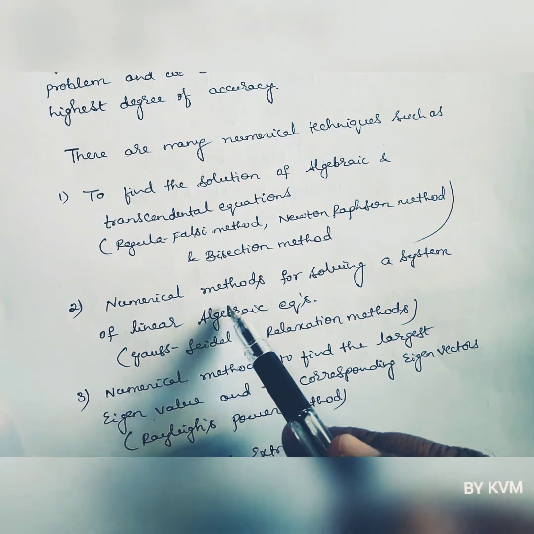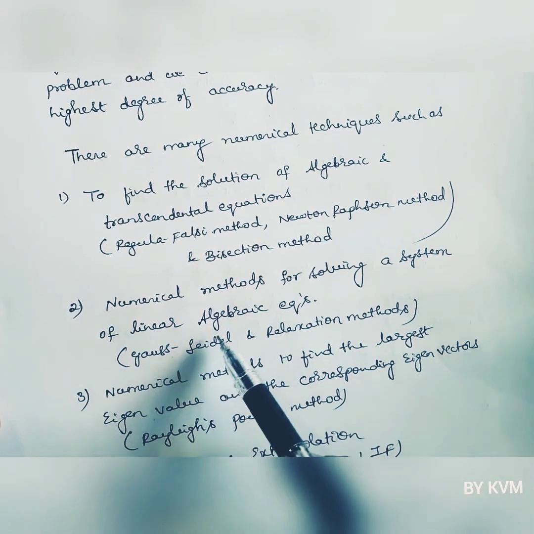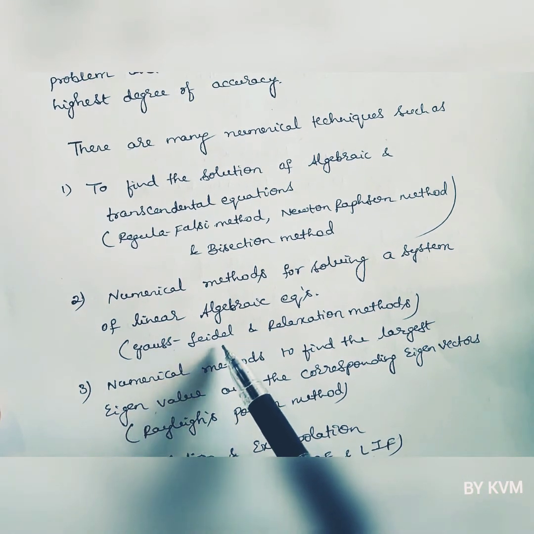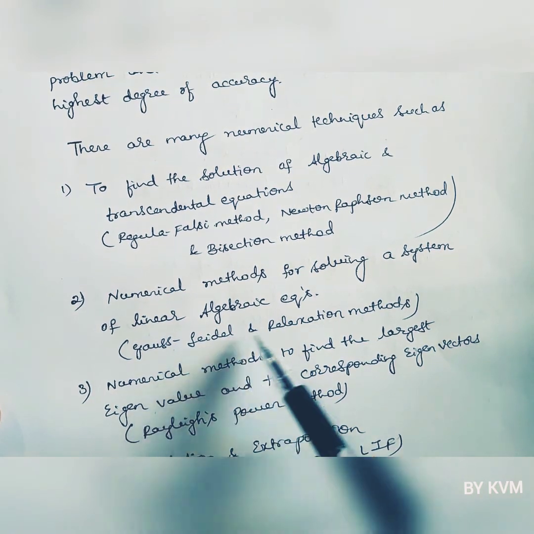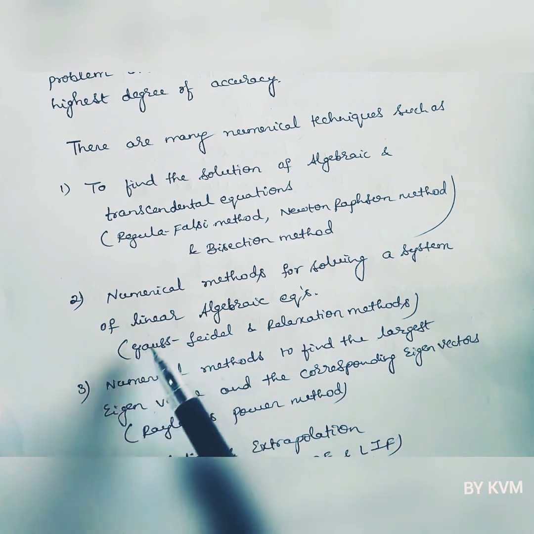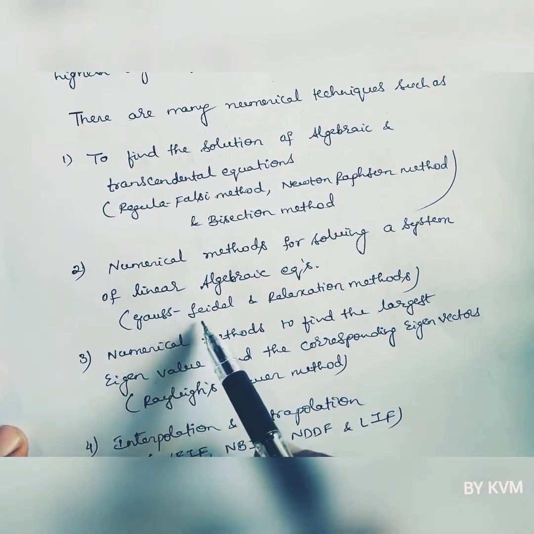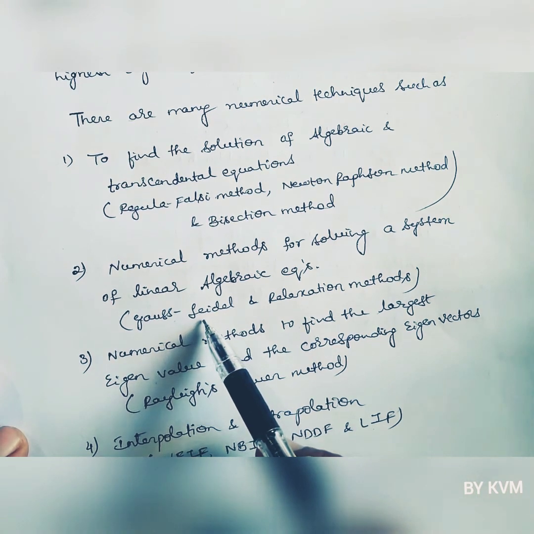Now there are numerical methods to solve systems of linear algebraic equations. Those methods are the Gauss-Seidel method and the relaxation method. The Gauss-Seidel method people have already studied in first sem.